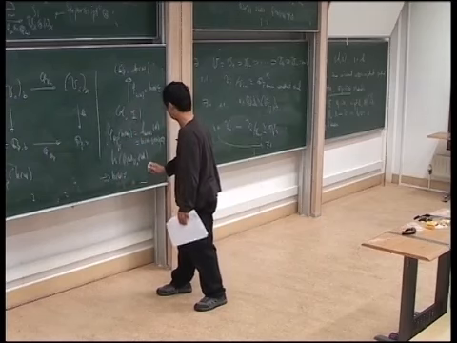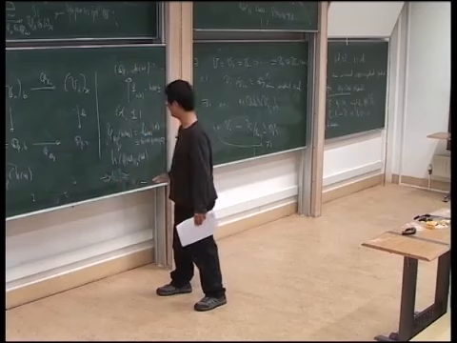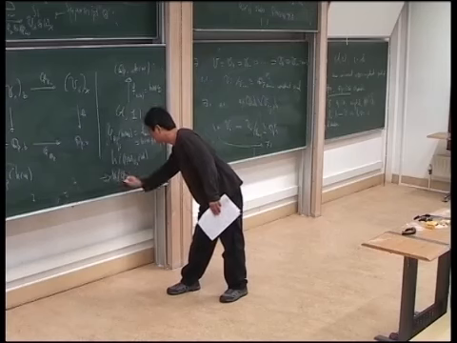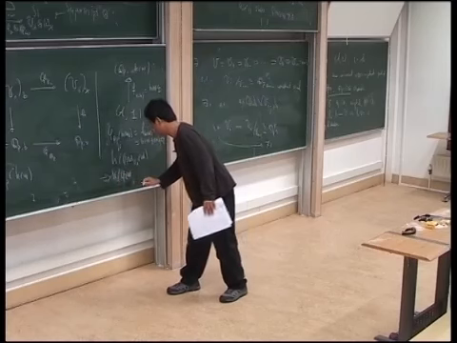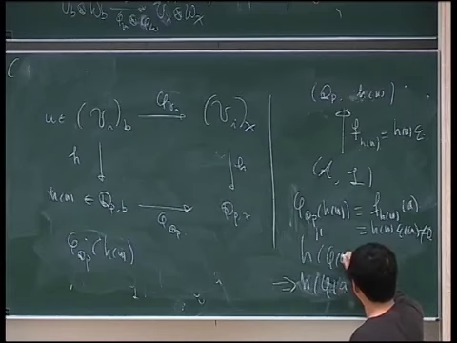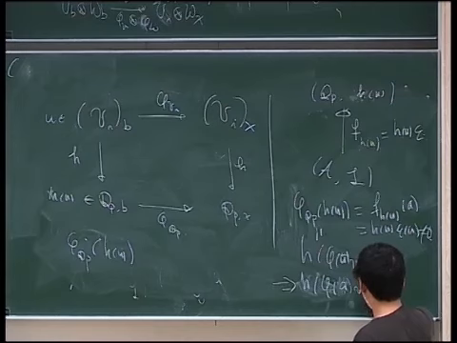Oh, sorry, not HU is non-zero. No, here, H of phi A Vi of U, I put the notation A back in, is non-zero, yeah?